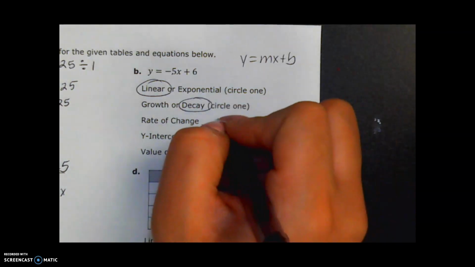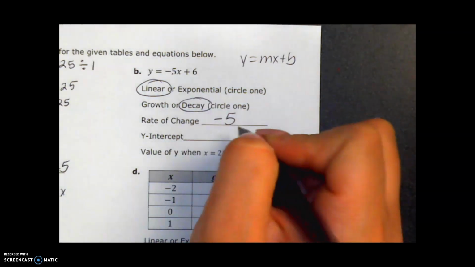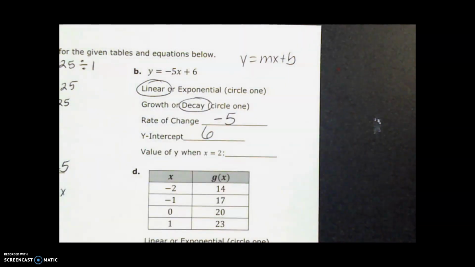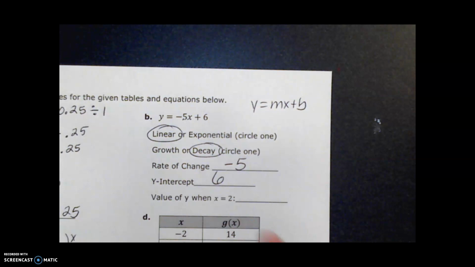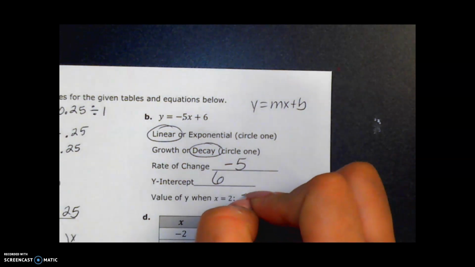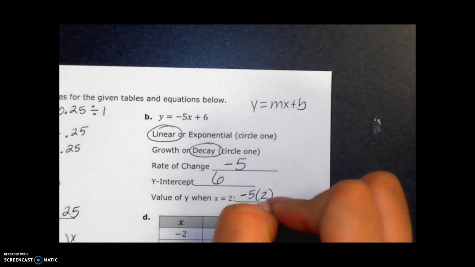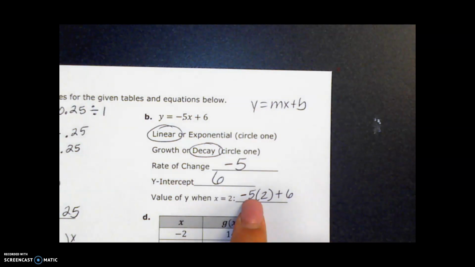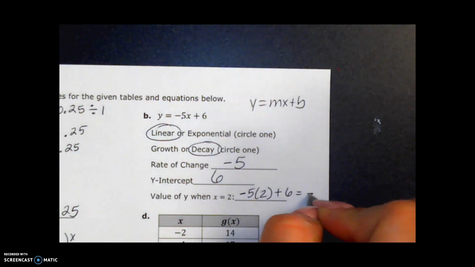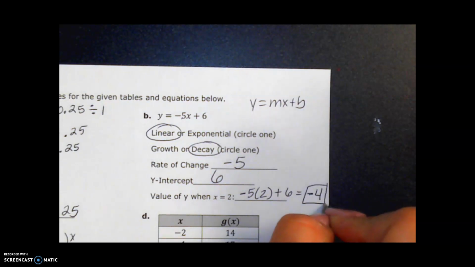My rate of change is -5, that's my m. My y-intercept is 6. Value of y when x equals 2, I have to plug in -5 times 2 plus 6. That's -10 plus 6, which would be -4.